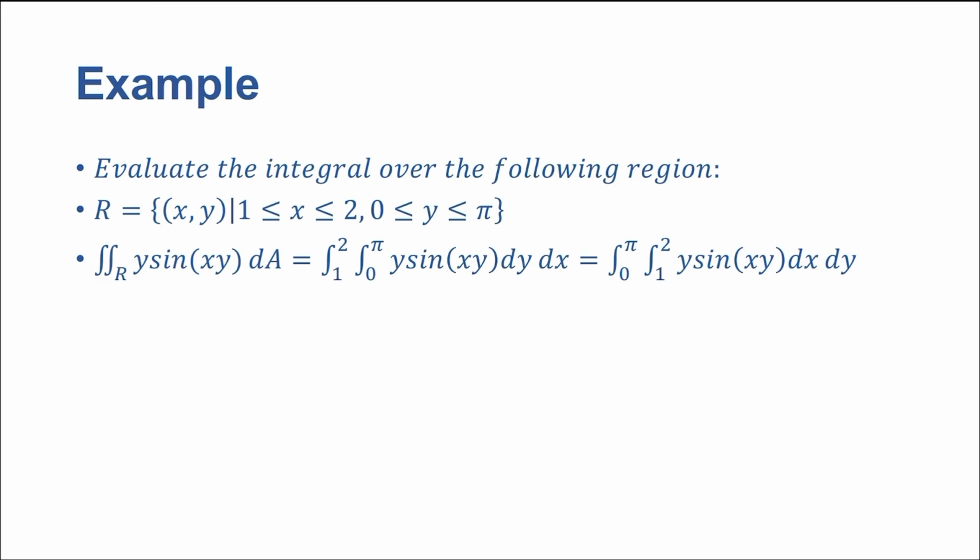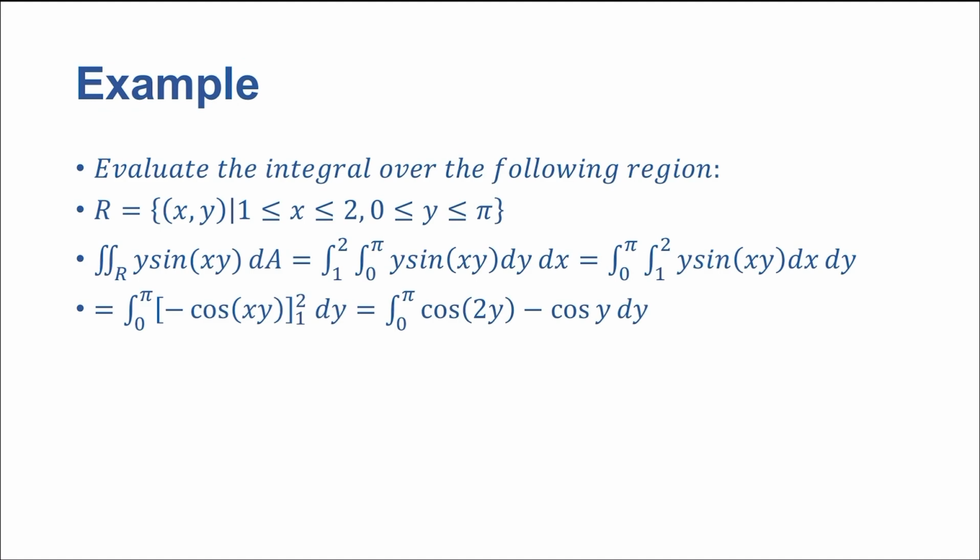Now to do this, we are going to perform the integral as an iterated integral. We can integrate with respect to y then x, or we can integrate with respect to x then y. We actually want to integrate with respect to x and then y. That's going to give us an easier time.